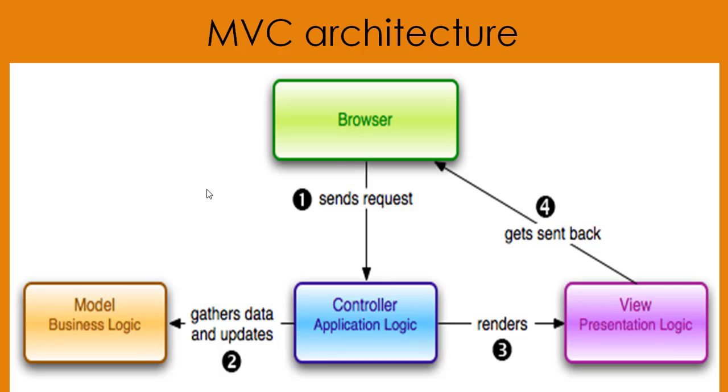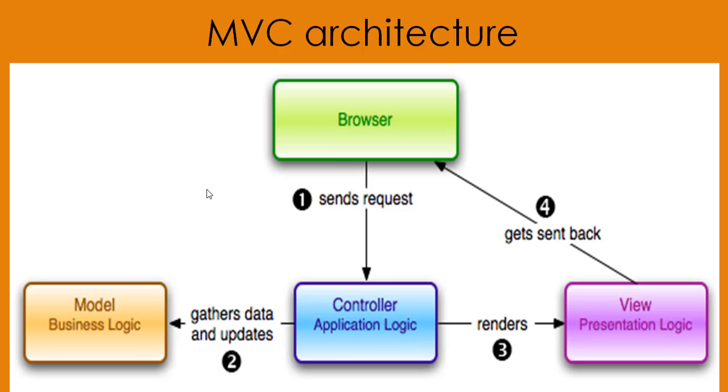So whenever a user sends some request to know about the output, the request is first processed by the controller part, the application logic part. Then the controller will gather some data and updates from the model. It is business logic, or you can say the model is part of the business layer.